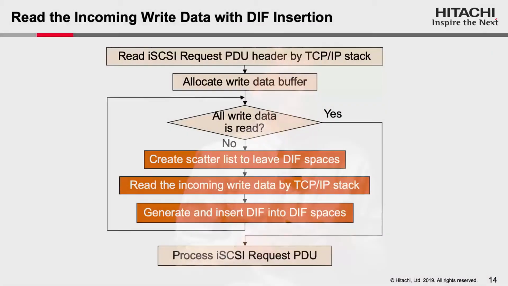And this page, in the last page, I explained incoming data may be split into multiple pieces, and this page shows how to process this when the incoming data is split.